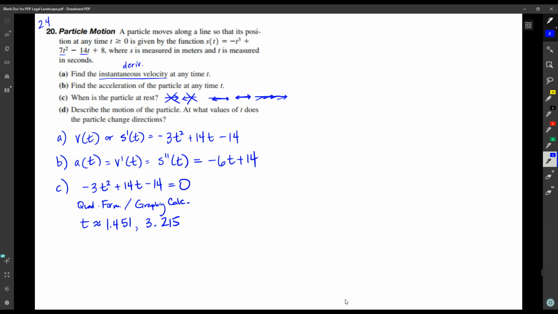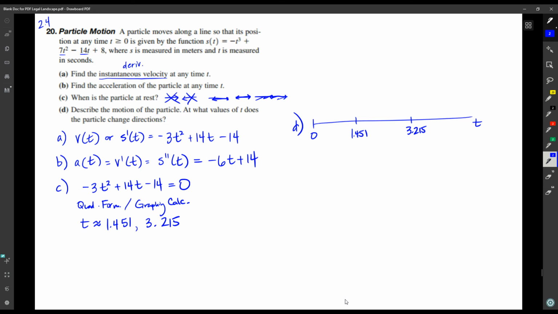Last, for part D, describe the motion of the particle and at what values of t does the particle change direction. So I like to look at it this way. Let's think about a number line that just contains times. We know we start at time equals 0. We know we have a velocity that's 0 at second 1.451, and we also know we have a velocity that's 0 at second 3.215.